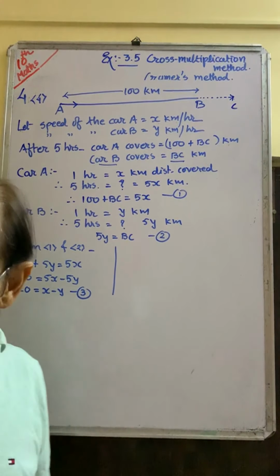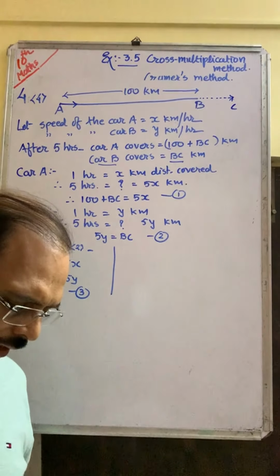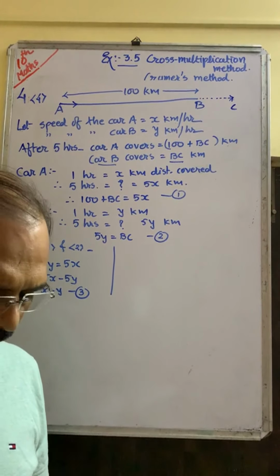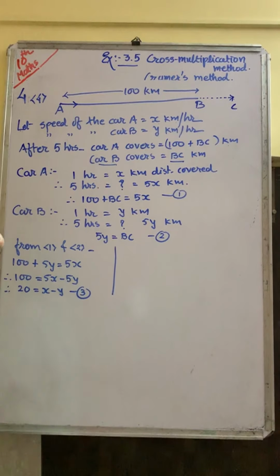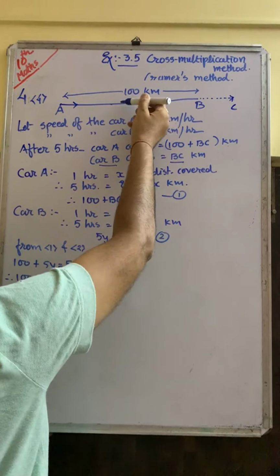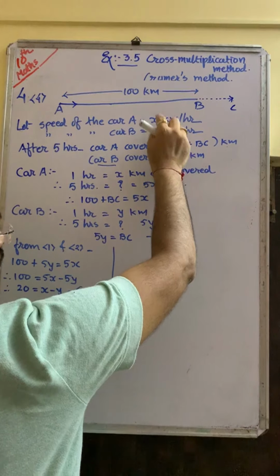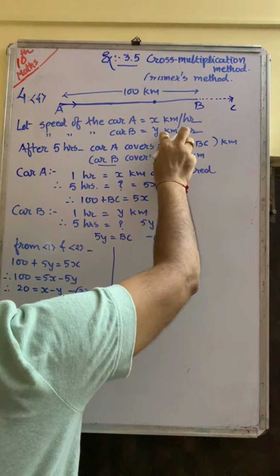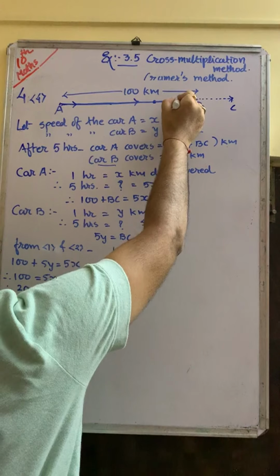Okay? Now another statement. See, if the cars travel in the same direction at different speed, they meet in 5 hours. Now if they travel towards each other, they meet in 1 hour. They travel towards each other, means car A travels in this direction and car B travels in this direction. They will meet in 1 hour, means in 1 hour car A covers x kilometer and comes to this point, and in 1 hour car B covers y kilometer and comes to this point, and they meet here.